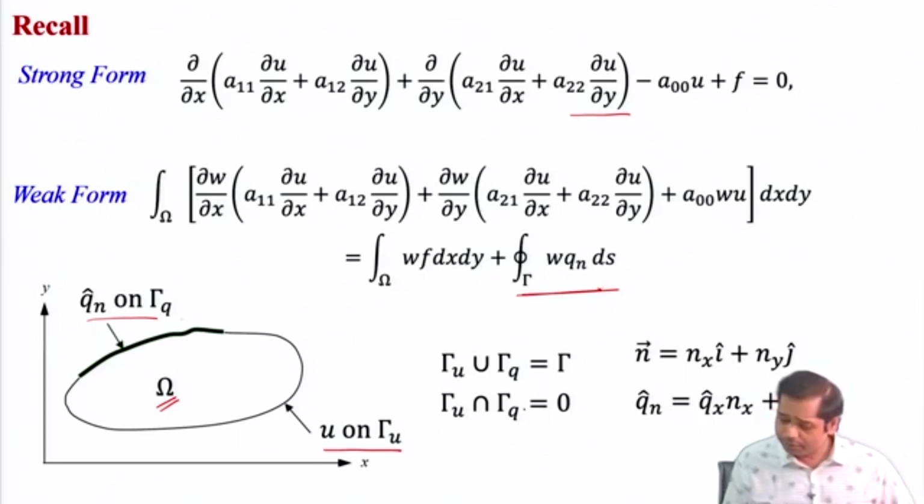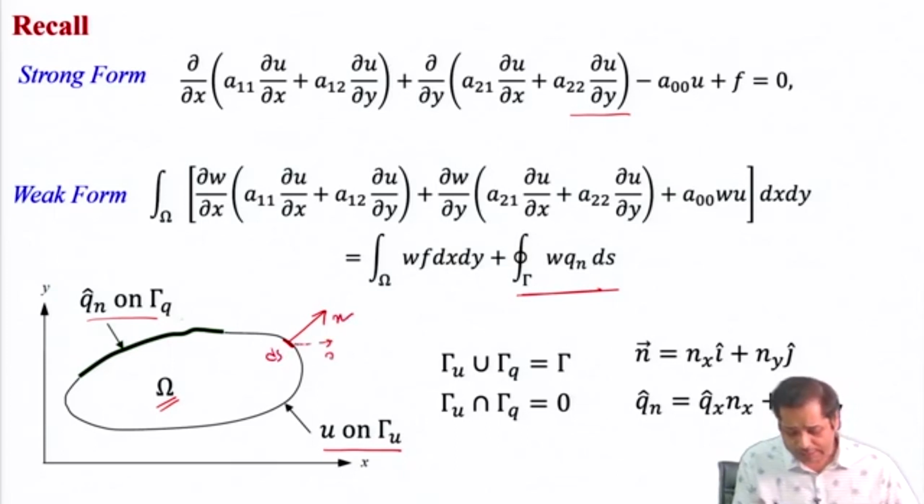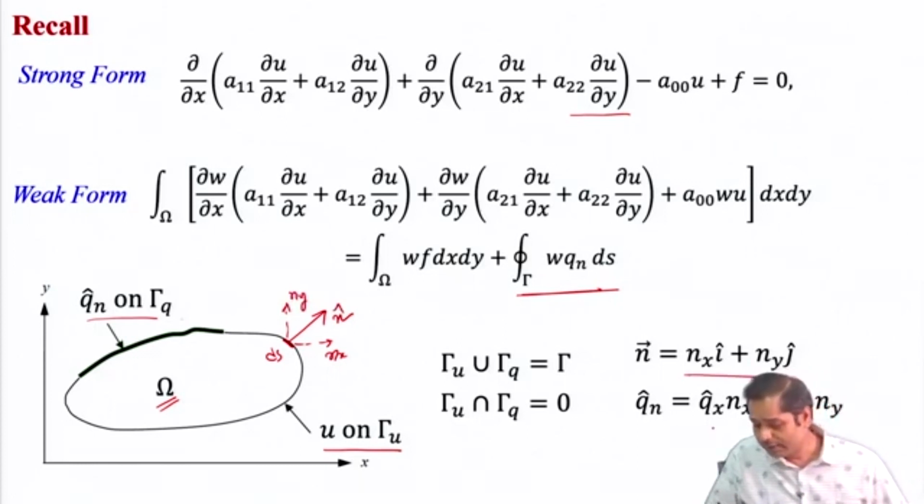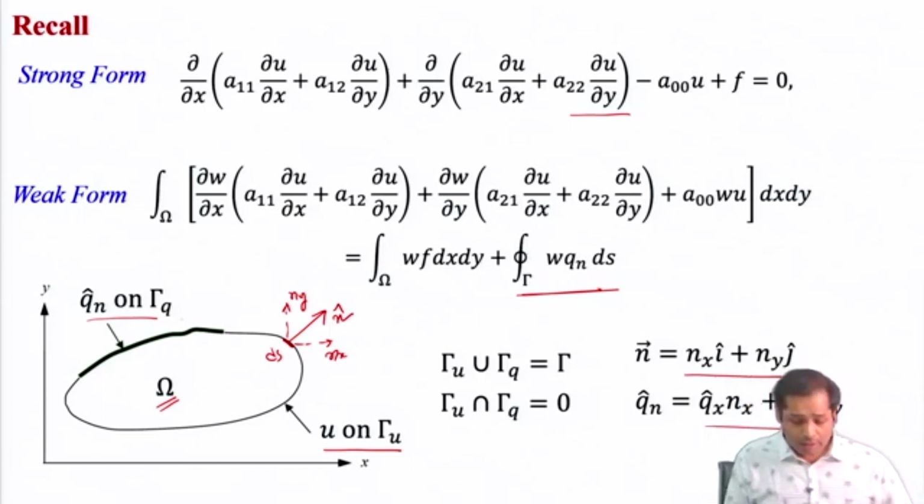Now here n is the outward normal. If you take any small length on the boundary, say ds, this will give you the outward normal, with components nx and ny, and this is how qn, the boundary flux term, is written.